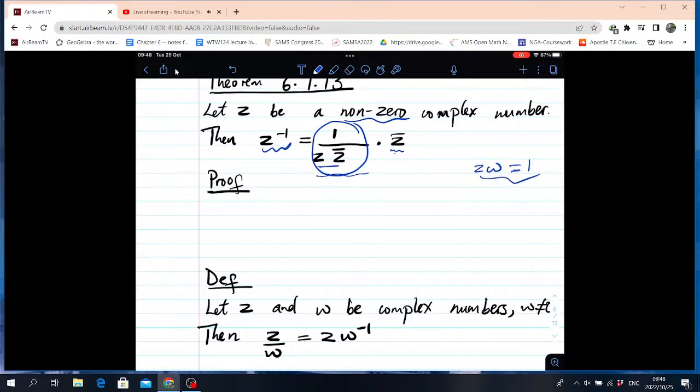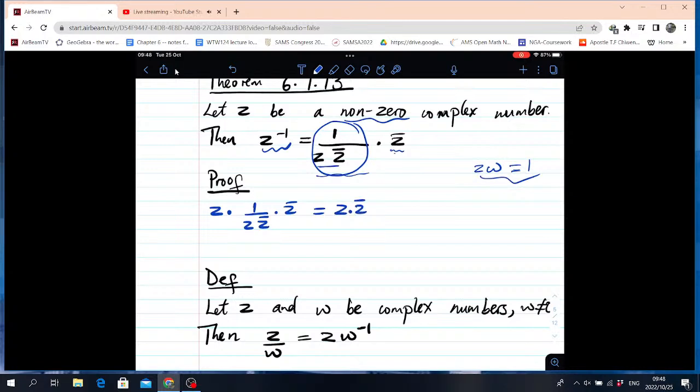So what do we say? We just need to multiply Z by whatever we have proposed to be its inverse, and then check if it gives us what we want. And that is going to be equal to 1 over Z Z bar times Z bar, which if you look closely, this is just Z bar.